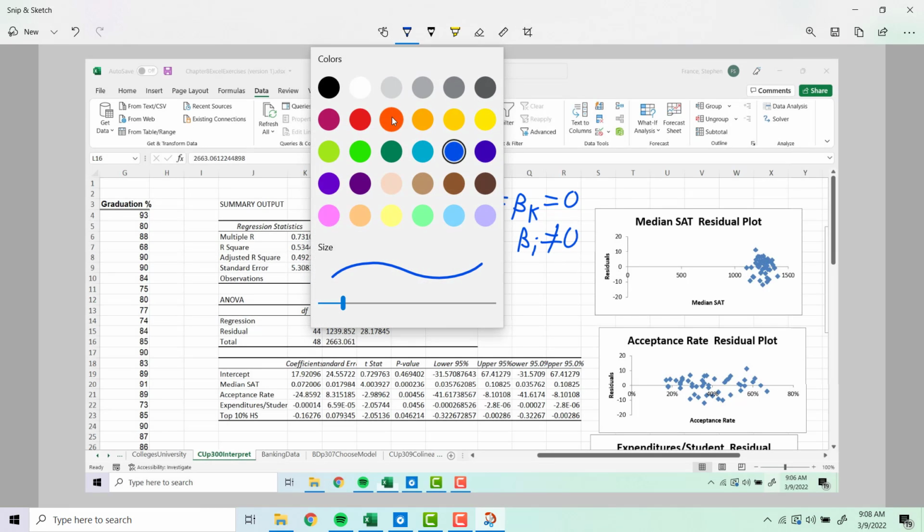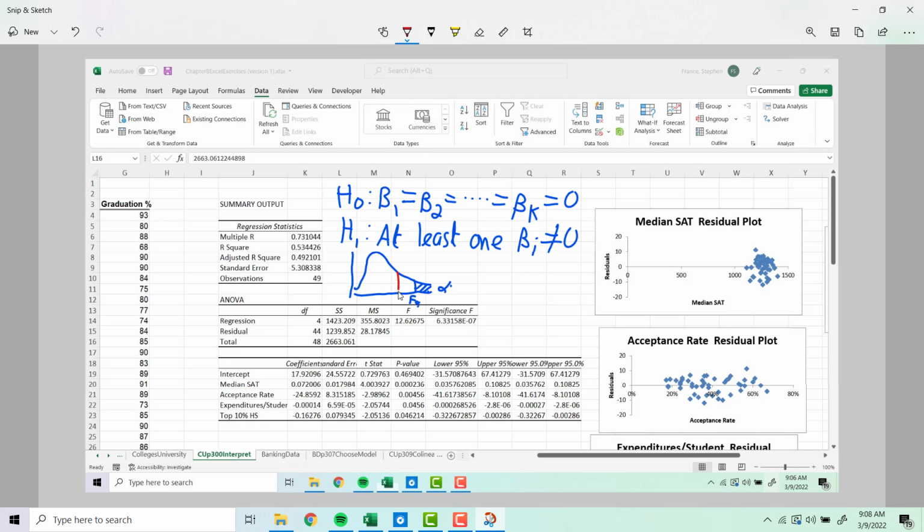But we also have a p-value associated with my F. As F gets bigger and bigger, which is a measure of how much variation is due to the regression relative to how much is due to the error, we get more and more due to the regression and less to the error, until eventually this is my p-value to the right of the F. We're going to reject H0 if p is less than or equal to alpha.